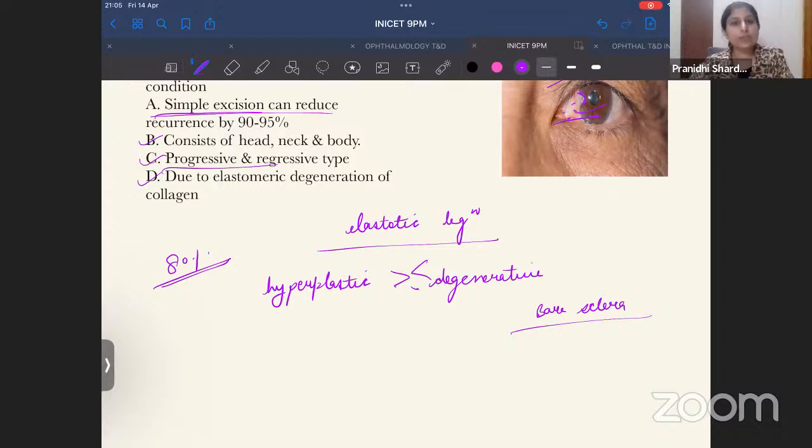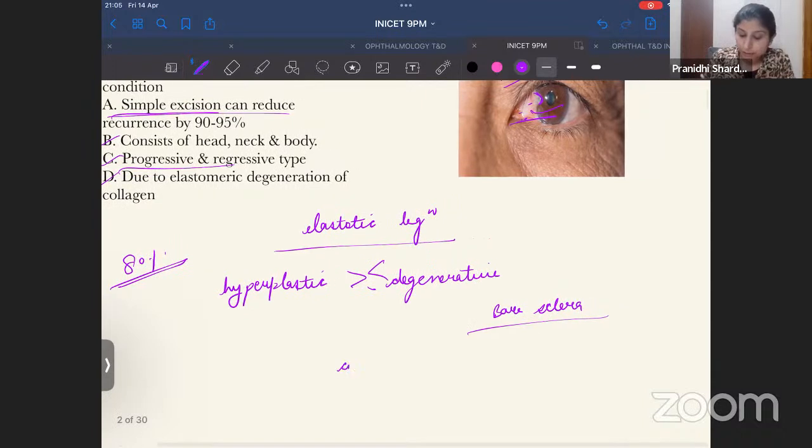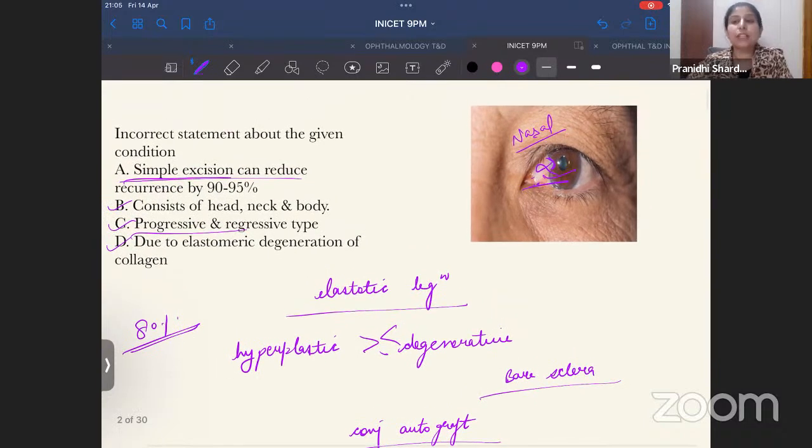The other technique which we use in the surgery of the pterygium is the conjunctival autograft, in which we remove this fibrovascular growth, and then take a flap of conjunctival autograft from the superior part, and then we can suture it, or we can just leave it as such.